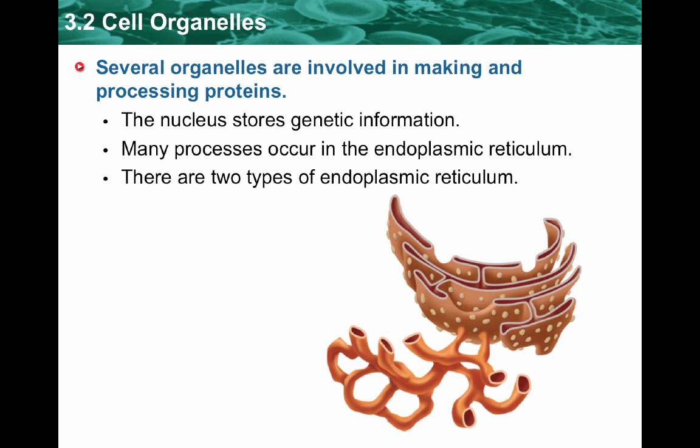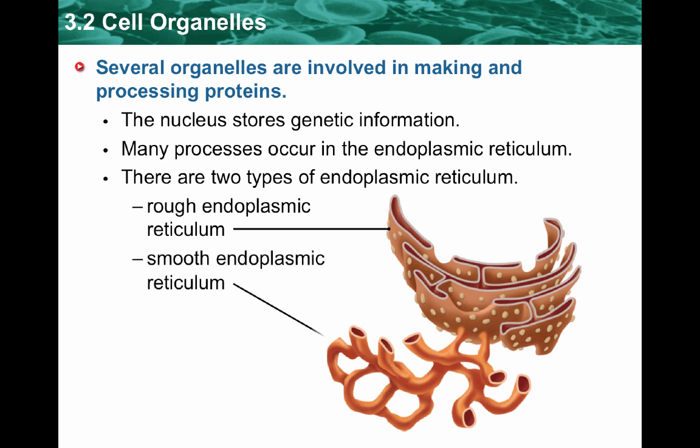One is dotted with another structure, and the other one's kind of a smooth, tubular-looking structure. So you have the rough ER, which is the one that has the little bumps on the outside, and those bumps are how it gets its name. And we'll talk about what those are in a sec. And then you got the smooth ER, or the smooth endoplasmic reticulum. Clearly it's smooth because it doesn't have the bumps on it.